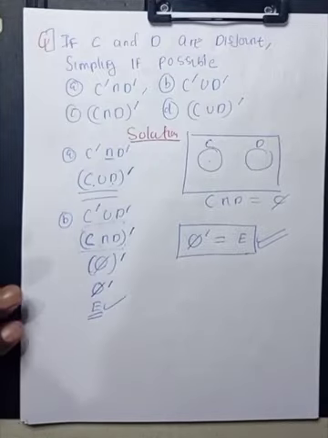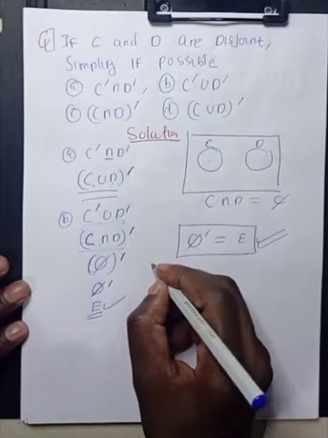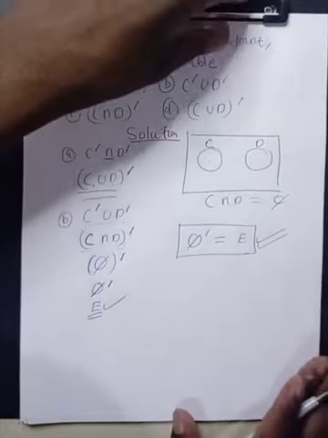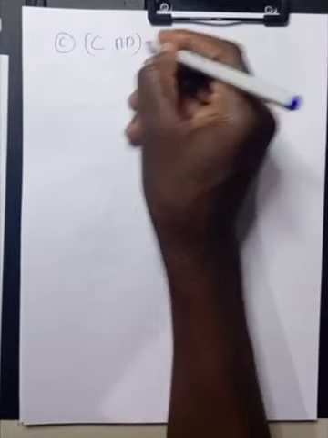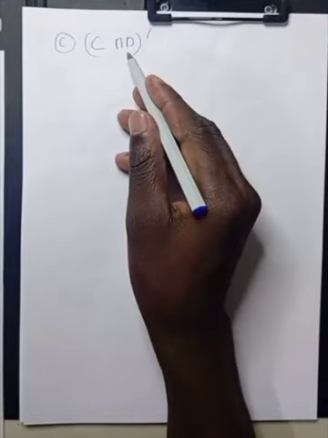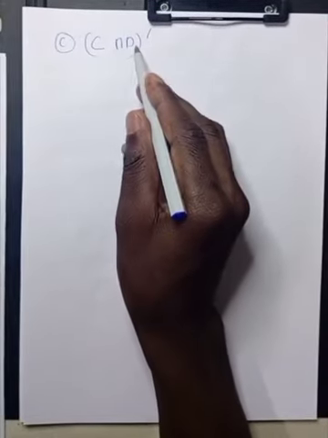Okay, now let's go to part C. So part C is basically the simplest one because I've already simplified it. Part C is basically C intersection D and then the complement outside. So this is more like what you have from solving. The two are disjoint, meaning they don't have intersection.